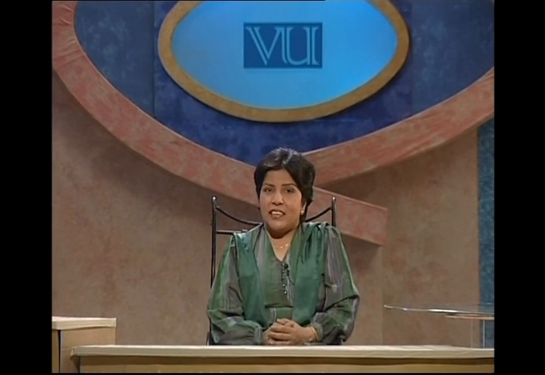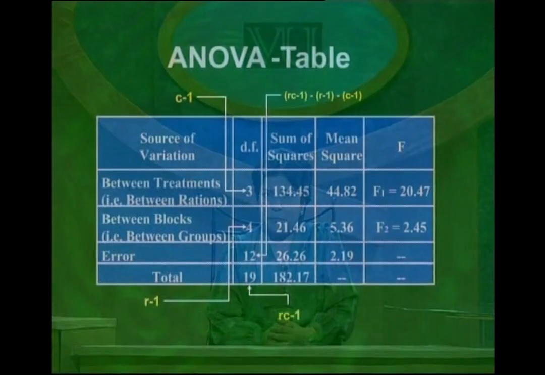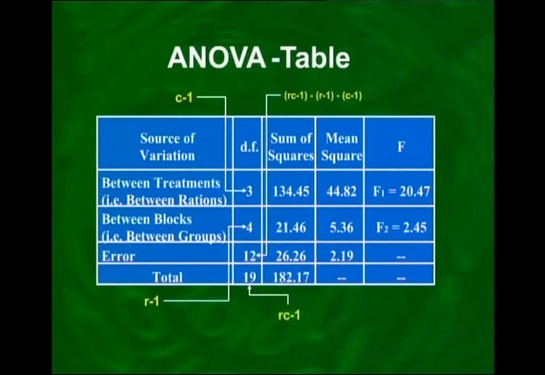Going back to the slide, students, we note that the degrees of freedom corresponding to the overall variation is 20 minus 1, that is 19. In other words, the total number of treatment block combinations that we have, R into C minus 1, where R represents the number of rows and C represents the number of columns.